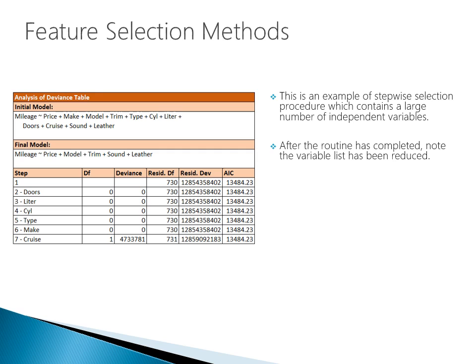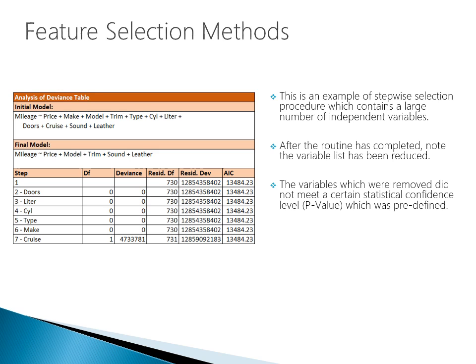After we've run the procedure, our model now is much more compact. The variables which were removed did not meet a certain statistical confidence level. They didn't have an appropriate p-value, which we pre-specified.